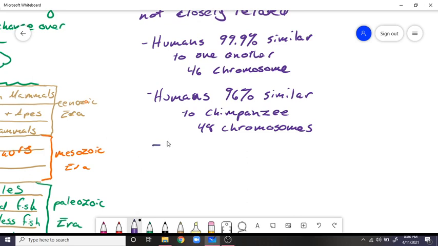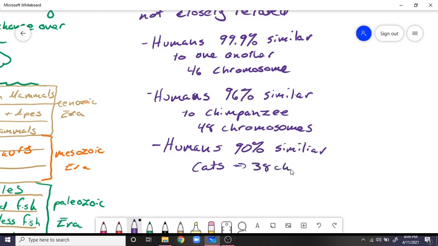How are we compared to an organism that is more different than us? Humans are 90% similar to cats. Cats have a smaller genome than us. They only have 38 chromosomes.